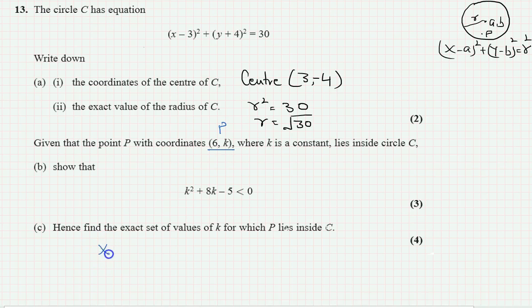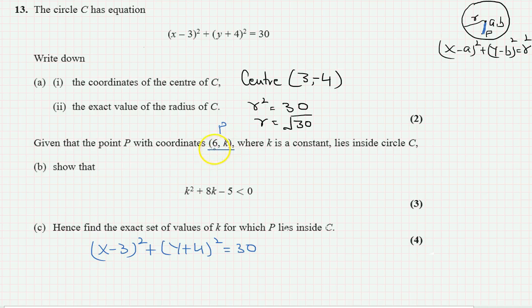Our equation is (x minus 3) squared plus (y plus 4) squared is equal to 30, where root 30 is the radius. Now we are talking about the point inside it. So this is definitely less than 30.